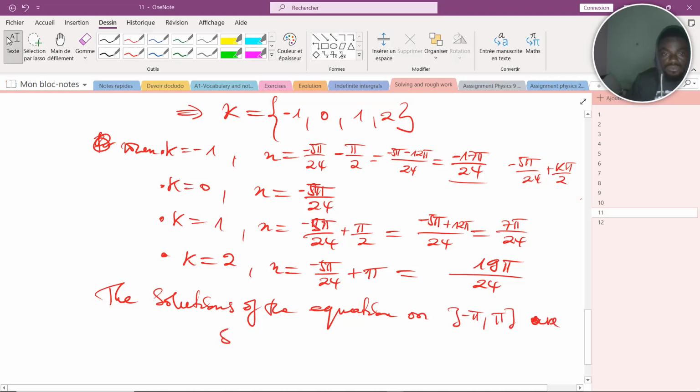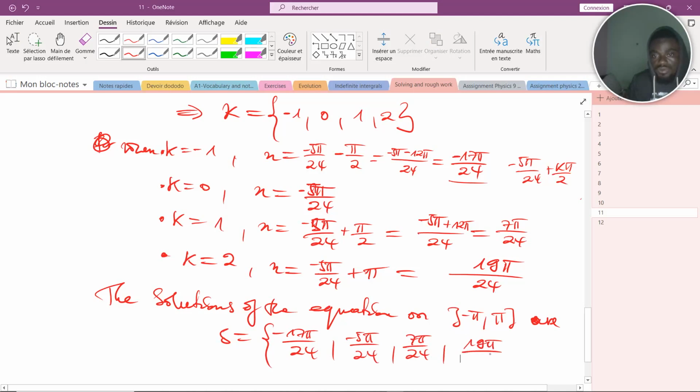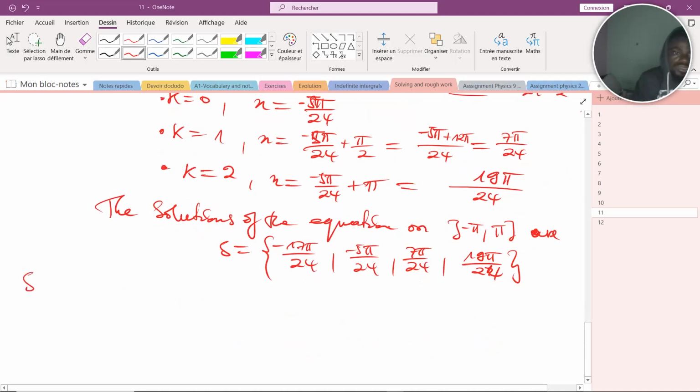The set of solutions will be, the first one was minus 17 pi on 24, the next one was minus 5 pi on 24, the other one 7 pi on 24, and the last one is 19 pi on 24. Is that okay? So we can then conclude the last step, because here there's no intersection to do, there is no union to do, because the other one did not have a solution.